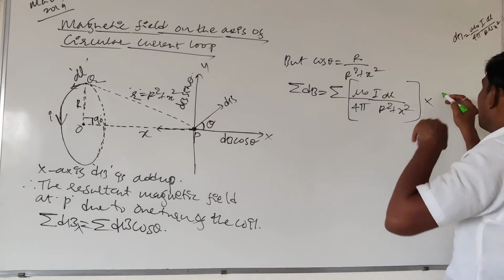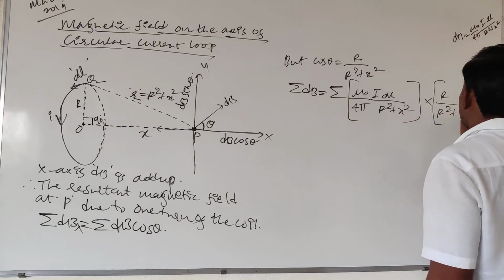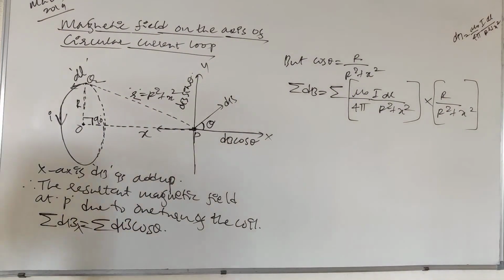Cos theta is equal to r divided by the square root of r square plus x square.